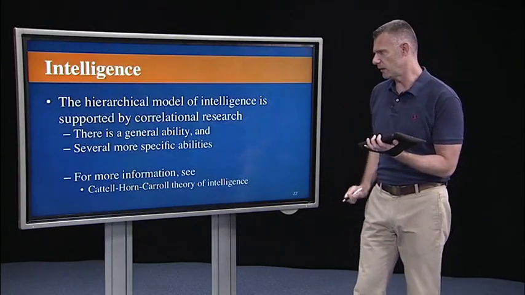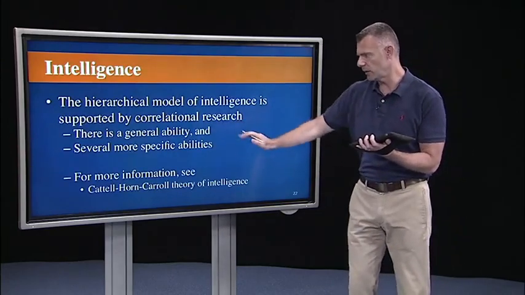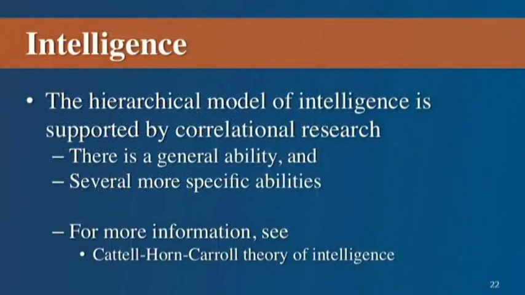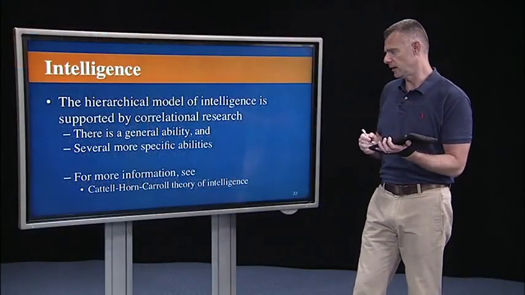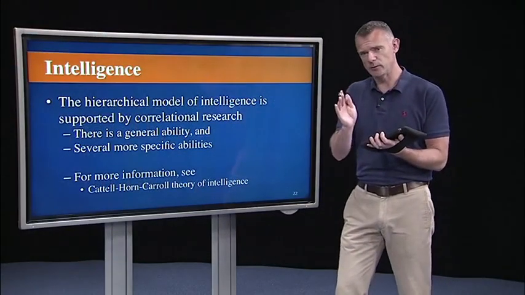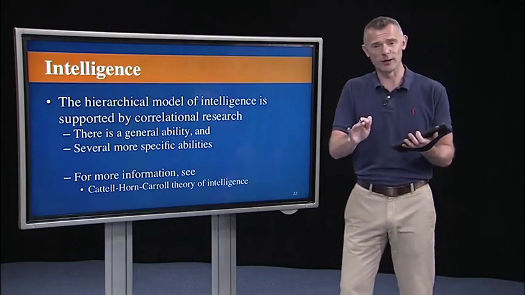And that's summarized here in this slide. There's a general ability, and then there's several more specific abilities. And you need both of those to fully account for all the patterns of correlations that we observe in these types of correlational studies. And again, I just want to use this as an example of correlational research.